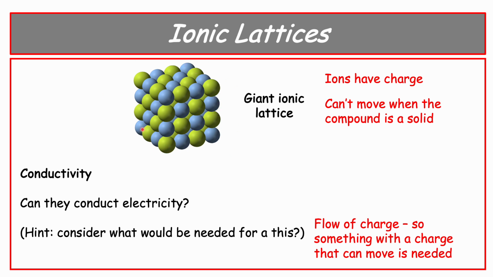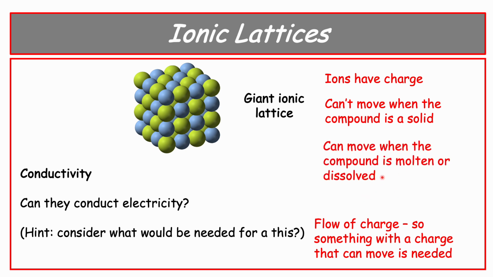If you look at this giant ionic lattice, it's pretty clear that those ions would be unable to move. So in order to be able to conduct, we have to either melt the ionic lattice, so make it molten, or we have to dissolve it in water, and that means to make it aqueous. Only then will the ions be free to move.